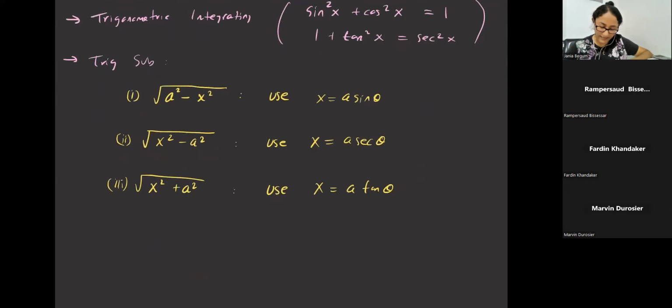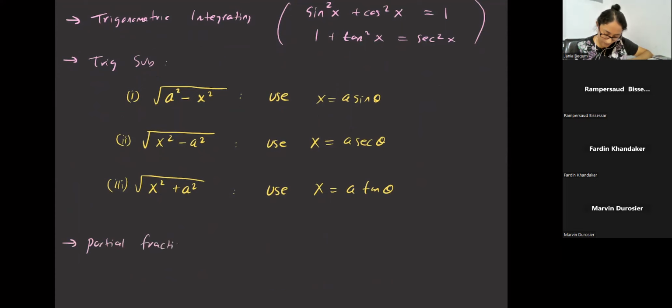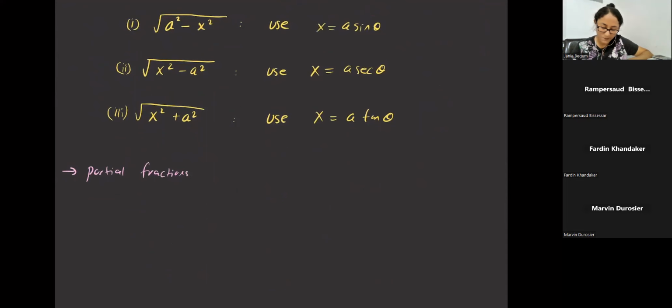So we got to that, and then we talked about partial fraction decomposition. For partial fraction, sometimes you end up doing long division. When do you do long division? When the degree of the numerator is either greater than or equal to the denominator.